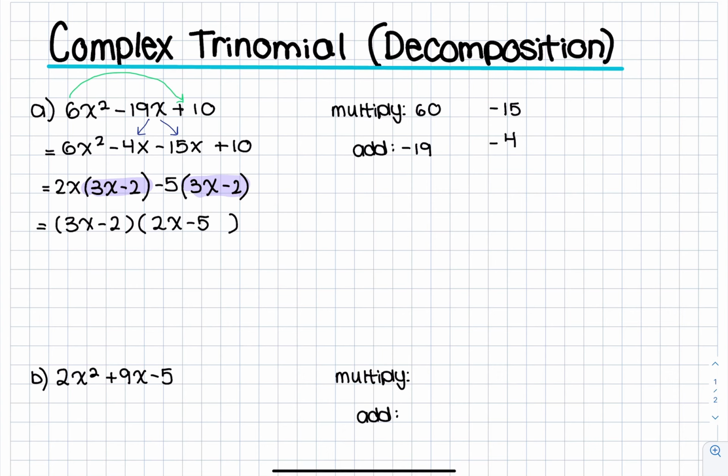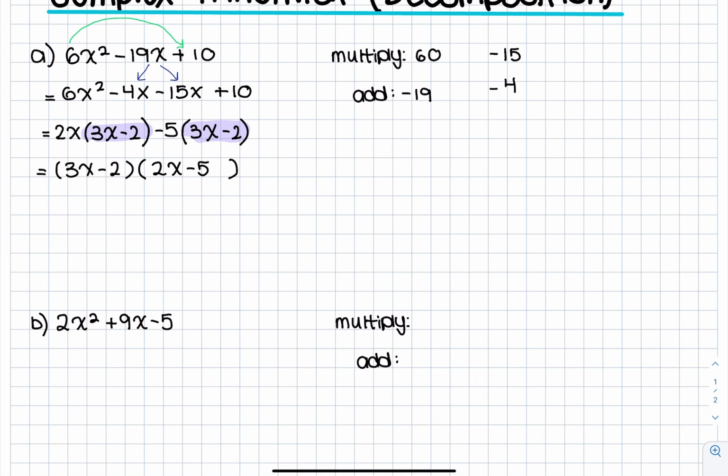If you were asked for the roots or the zeros and you need to solve it, what you're going to do is set each bracket to 0. So we're going to have 3x minus 2 equals 0. And then we need to get x by itself. The first thing that we'll do is bring that 2 over the equal sign and it becomes positive.